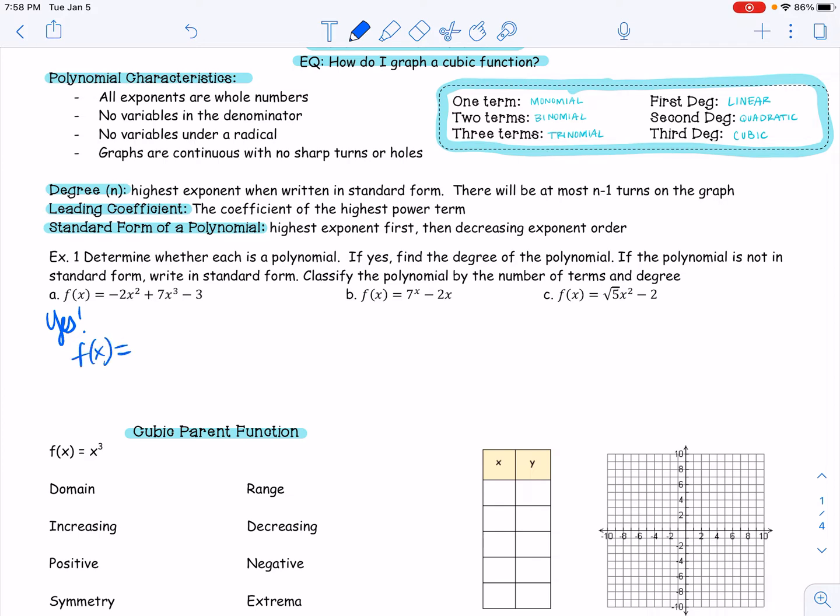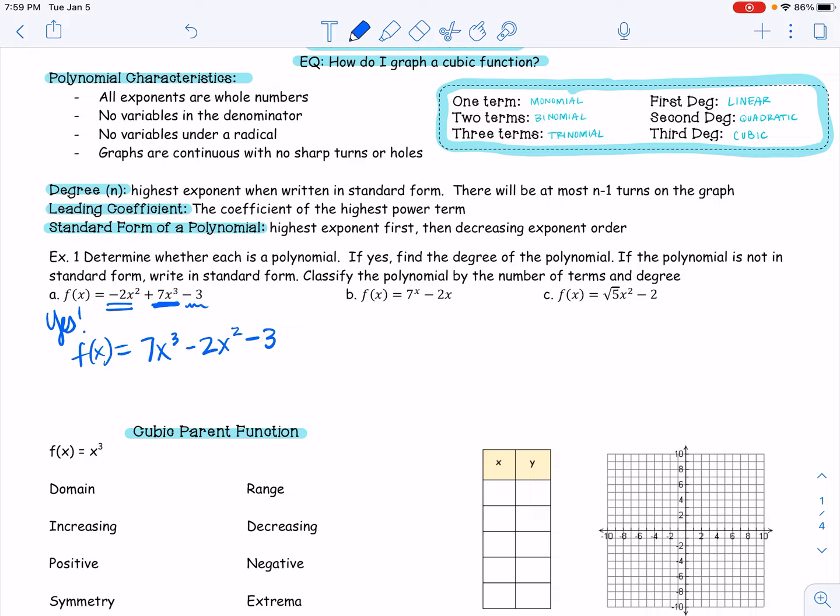So let's rewrite this. The term with the highest exponent is the 7x cubed, and that's a positive 7x cubed. The next term in decreasing order would be that squared term, which is a negative 2x squared. And then the last term would obviously be that negative 3. There is no x term in this polynomial, but that's okay.